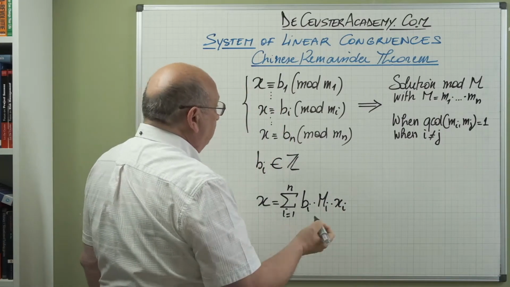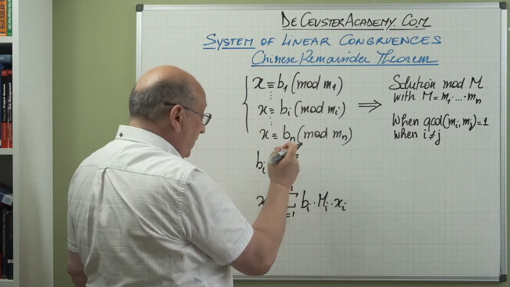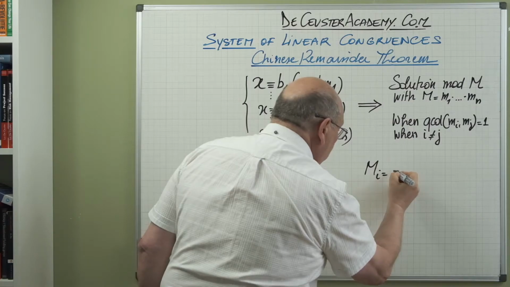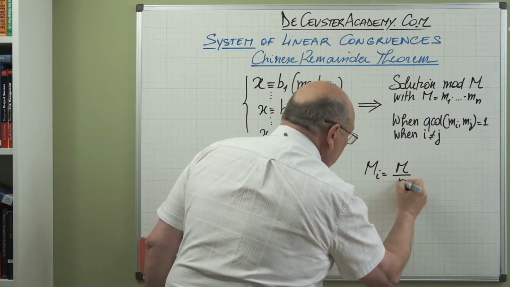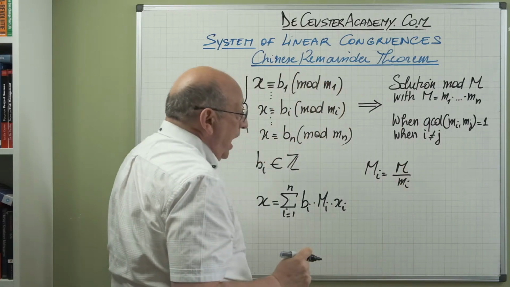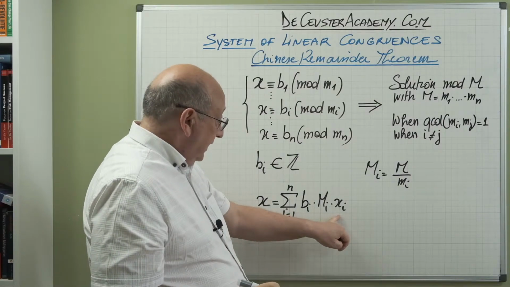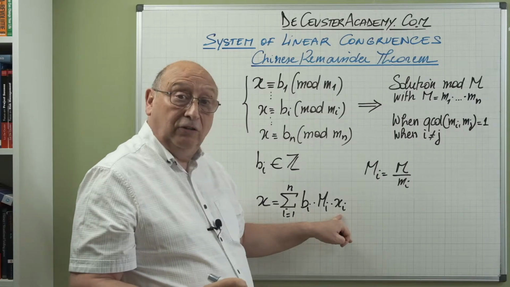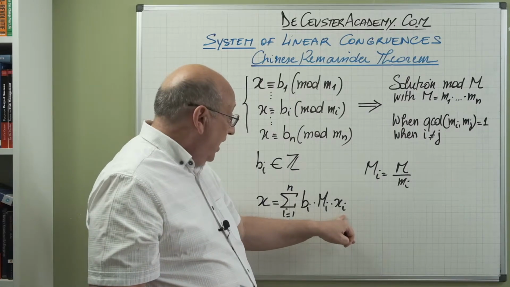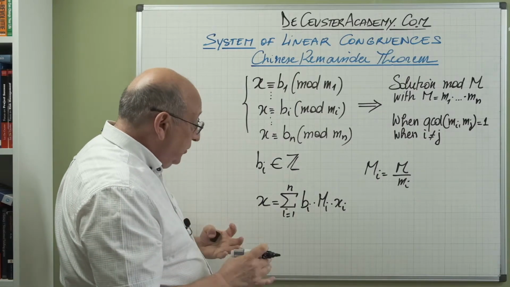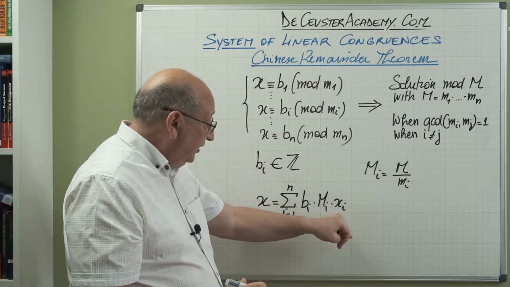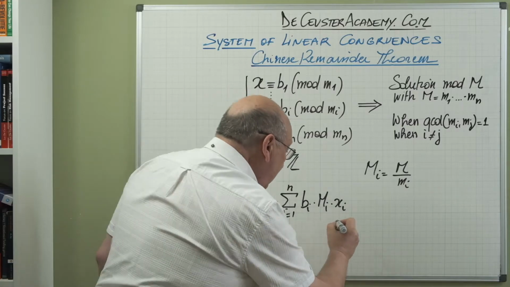Here bi are the coefficients, and Mi is in fact the modulus M divided by mi. The thing that we have to do here is to identify the values of xi. In the constructive proof, we can find the relation, how to find the xi.